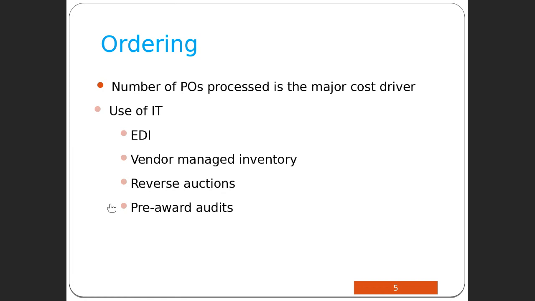Pre-award audit. The pre-award audit is, let's say you have 5 contractors and you say, okay, I will give the contract to either contractor A or contractor B. And before that, you want to see how they have done in the past. So you might ask contractor A, can you let me visit one of your buildings that you have built.